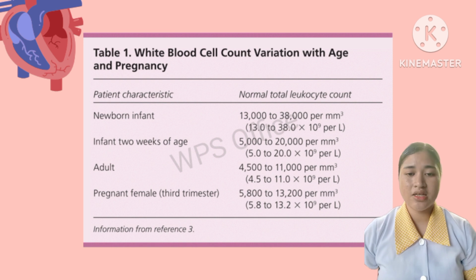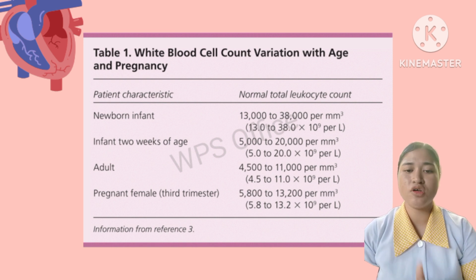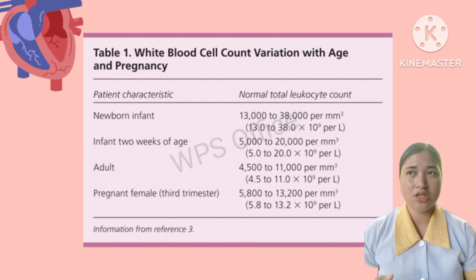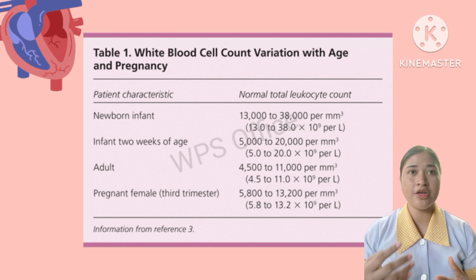The next slide has a table, and this table is all about white blood cell count variation with age and pregnancy. So, what is the normal white blood cell count for a person? The normal white blood count for a person is between 4,000 to 11,000 cells per microliter of blood.